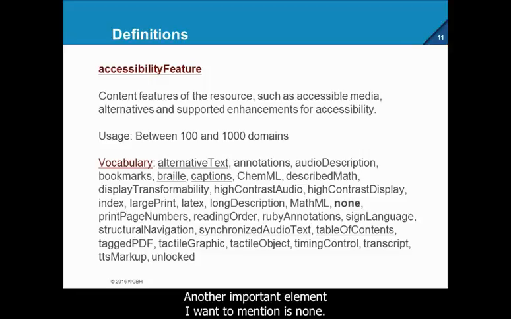Another important element I want to mention is none. We added the term none to the accessibility features list because in the EPUB accessibility conformance document, we wanted to make it mandatory to include metadata about the accessibility of your ebook.